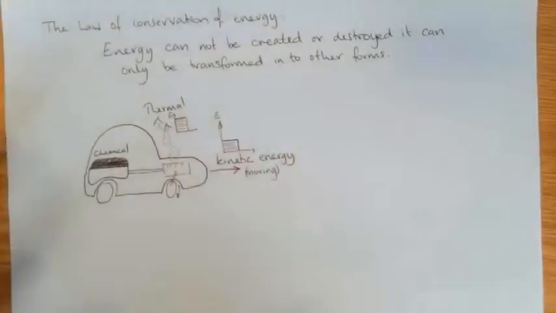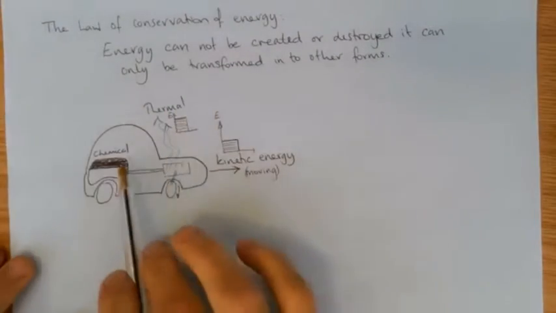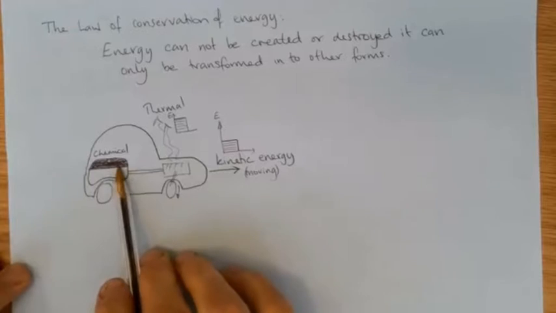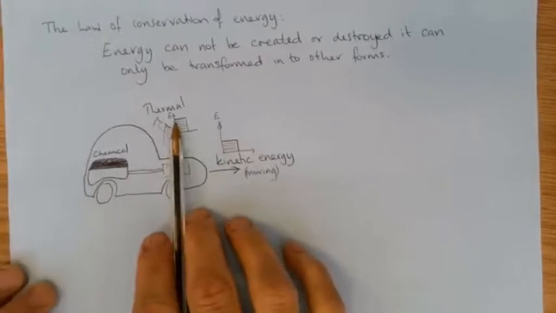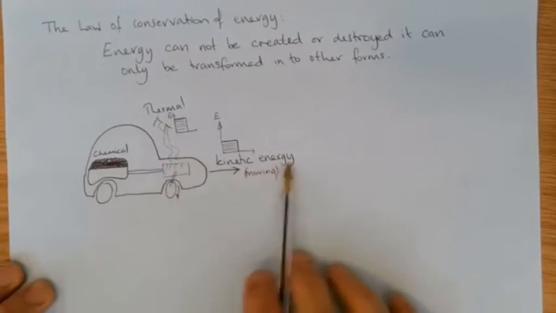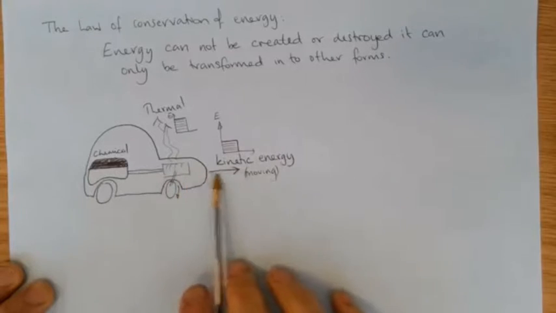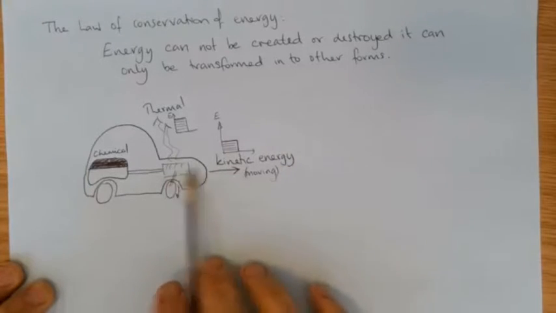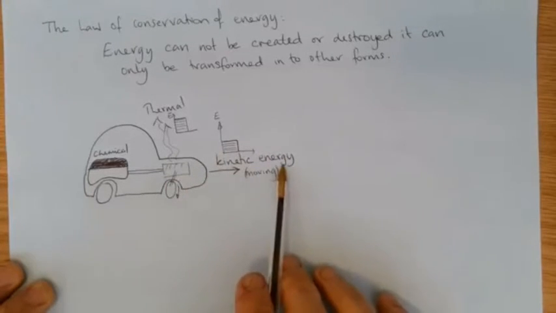So that store of chemical energy mainly goes into the thermal energy of the car, which is given off into the atmosphere, and also the kinetic energy, which we actually want. So we would class that as the useful energy.